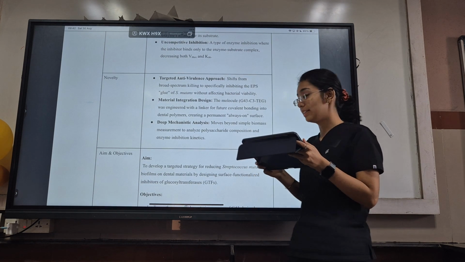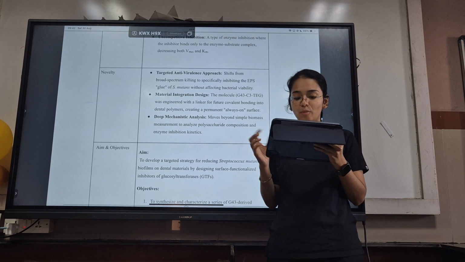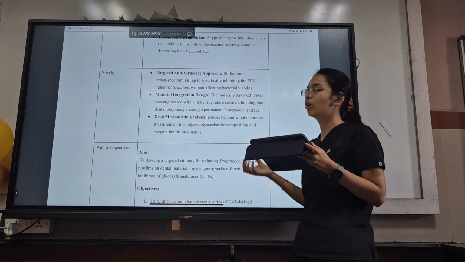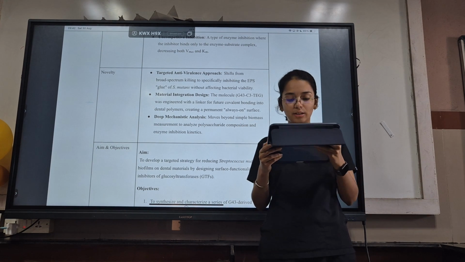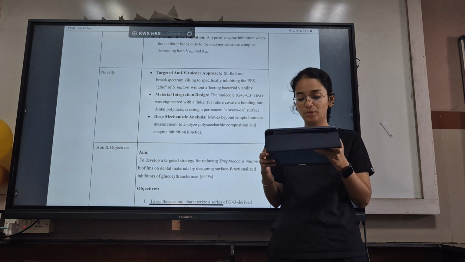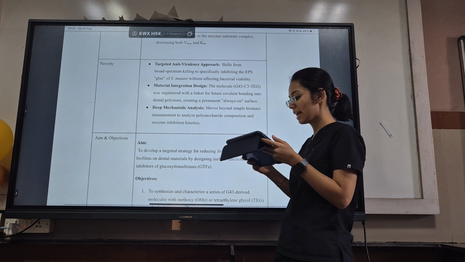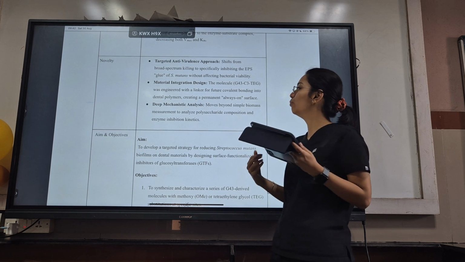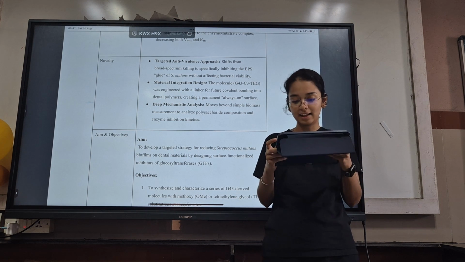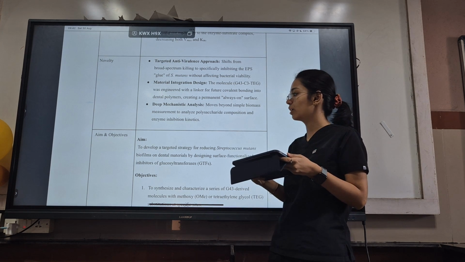This study also had a material integration design, where the molecule was engineered with a linker or spacer for future covalent bonding into the dental polymers, which creates an always-on surface for the molecules to bind to. And it also has a deep mechanistic analysis, where it moves beyond simple biomass measurement to analyze the polysaccharide composition and enzyme inhibition kinetics.